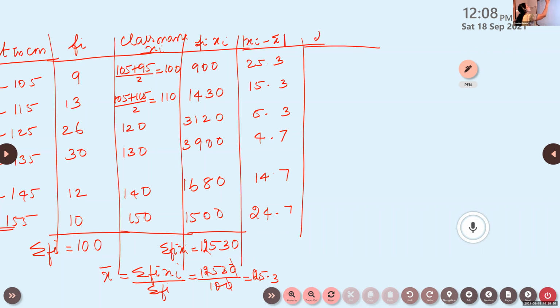Next is fi into modulus of xi minus x bar. In statistics, you have to do the calculation, no other way. Do the multiplication and find out fi into modulus of xi minus x bar.